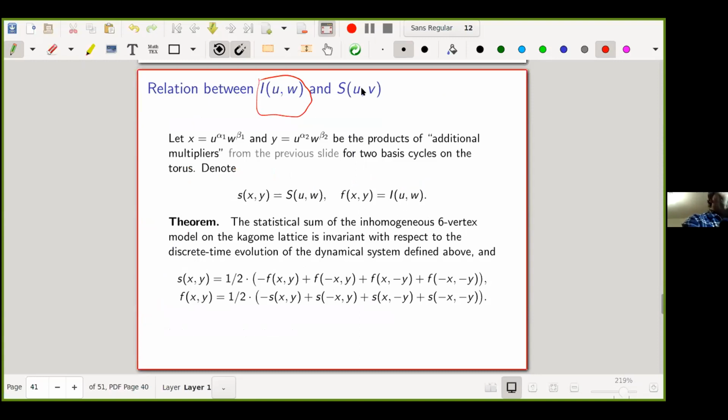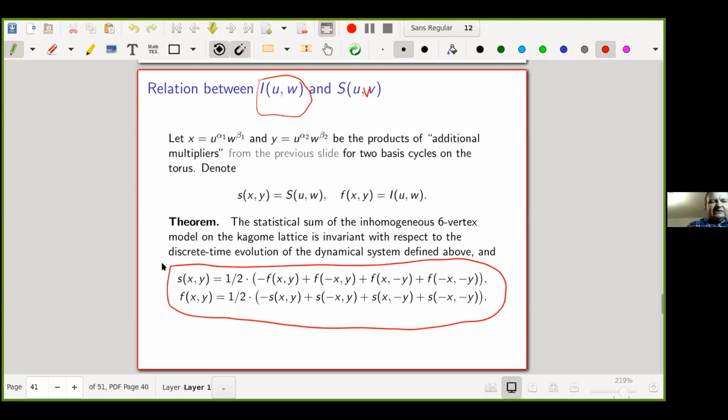Oh, sorry, here is a typo. To be exact, they are interconnected. Okay, there are some technical things related to the topology of cycles on my torus. So they are interconnected as is written here.